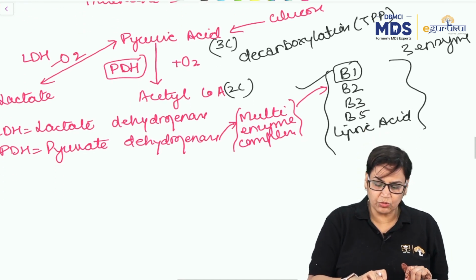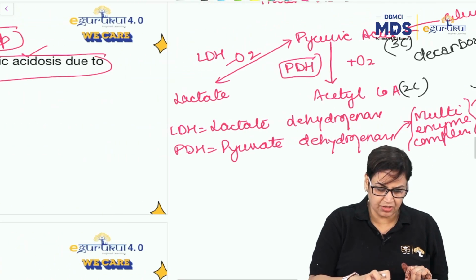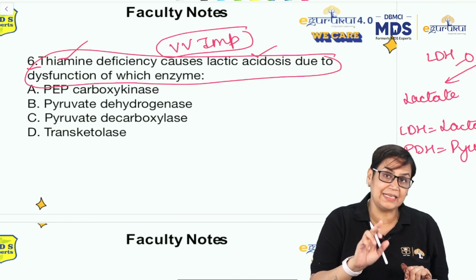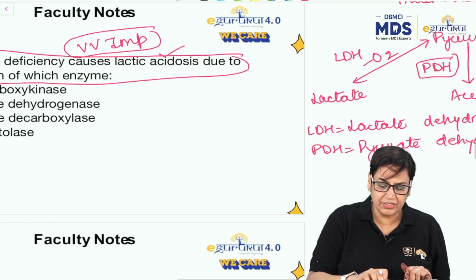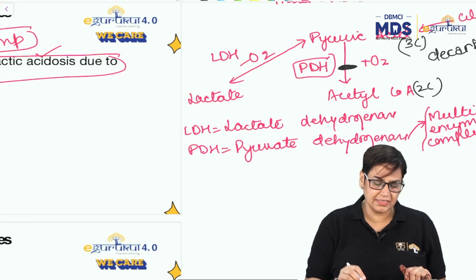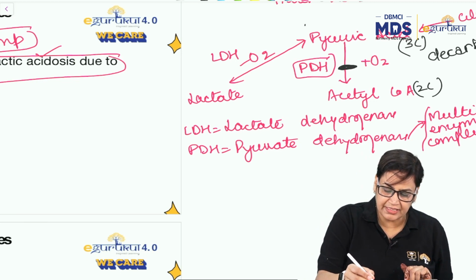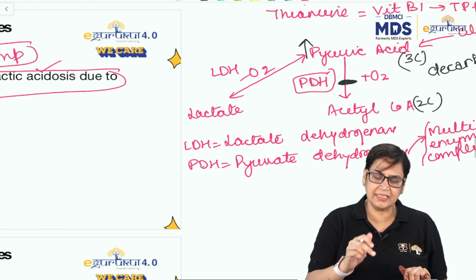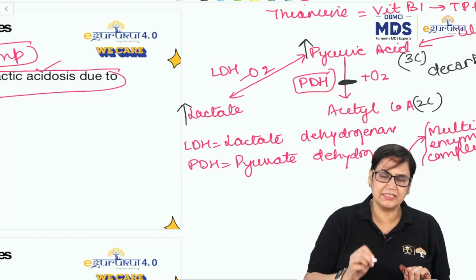Now coming over to the question, let me just take you to the question. Thiamine deficiency causes lactic acidosis, which means if thiamine is absent, this reaction will not take place. So obviously the concentration of pyruvic acid will increase. If the concentration of pyruvic acid increases, the concentration of lactic acid will increase.